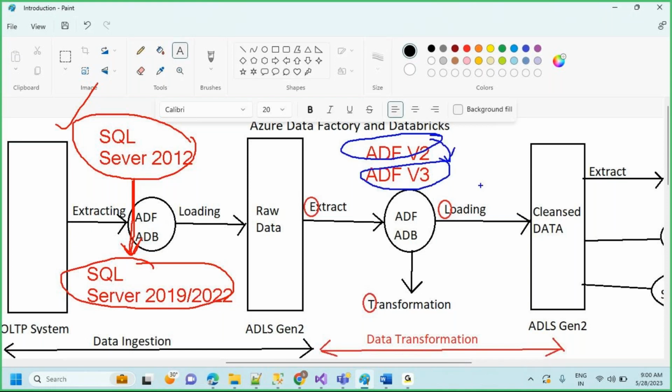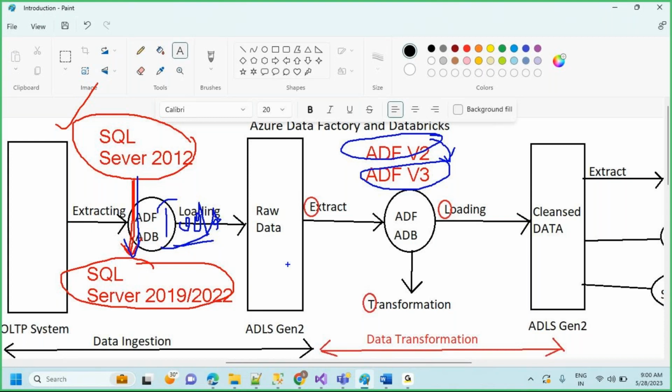That means your pipeline has to be changed to the latest version. We don't have the next version at this point of time, so maybe in the future we don't know how they are going to ask us to provide the solution. They may give a direct migration option, or they may come up with different approaches. But here we have different tools to do it.